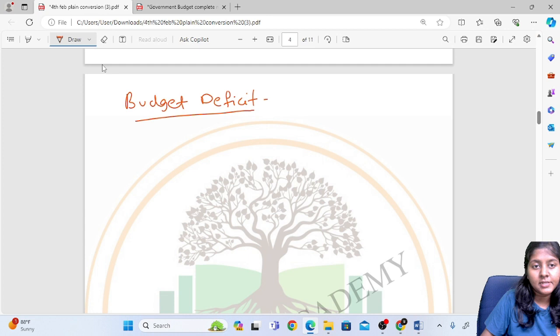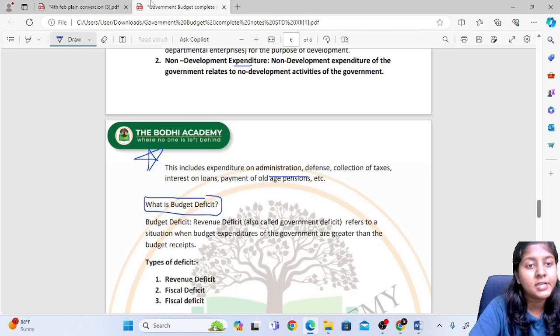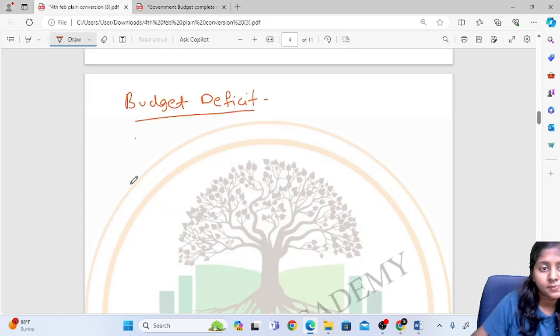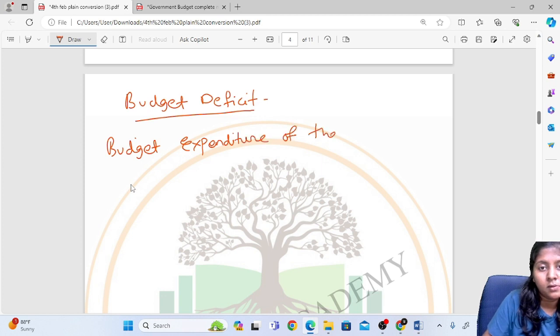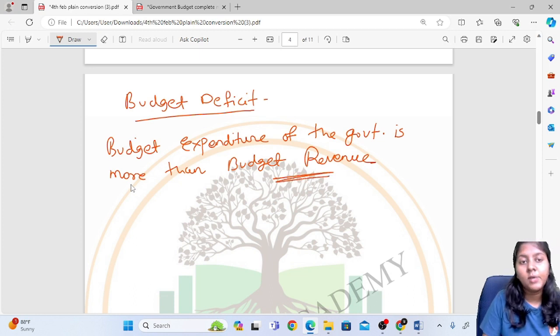When can we say there is a budget deficit? When the budget expenditure of the government is more than budget revenue, then we can say there is a budget deficit.